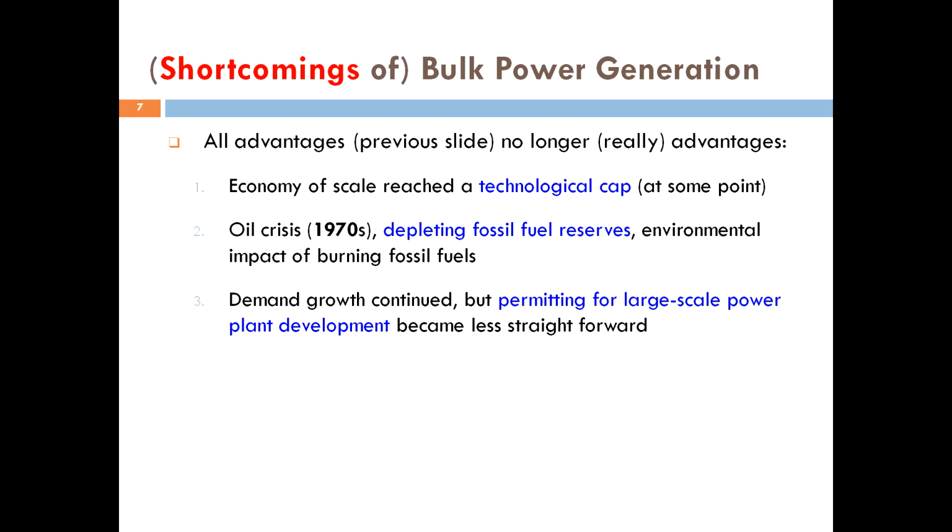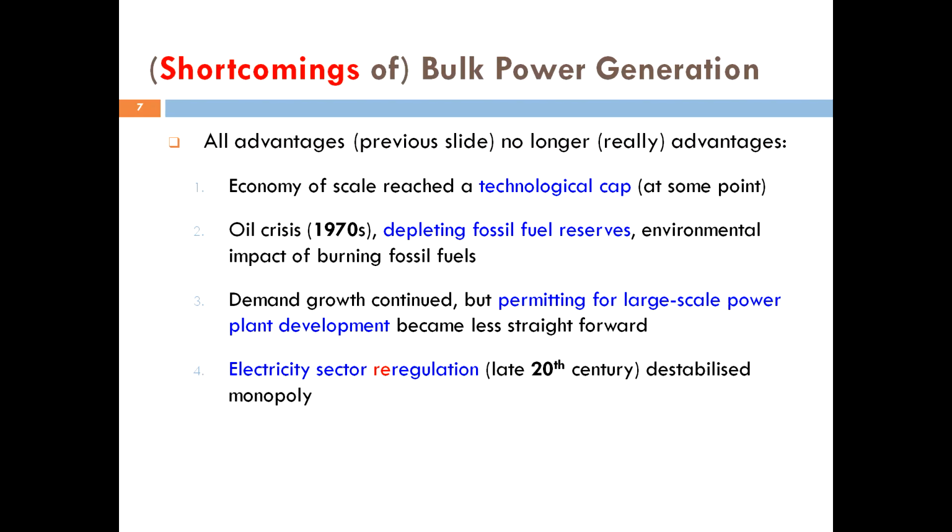This means that the expansion of generation would not be able to closely follow the demand growth, and this would obviously create a problem of balancing generation or supply and demand.